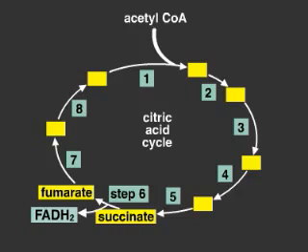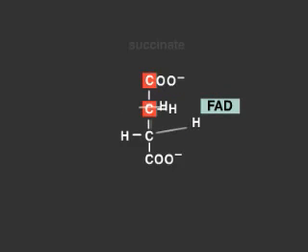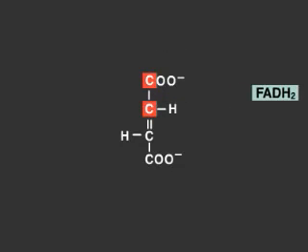FADH2, like NADH, is an energy carrier that feeds high-energy electrons to the electron transport chain. In this reaction, succinate is converted to fumarate. Hydrogen atoms from succinate are stripped off and donated to FAD to produce FADH2.